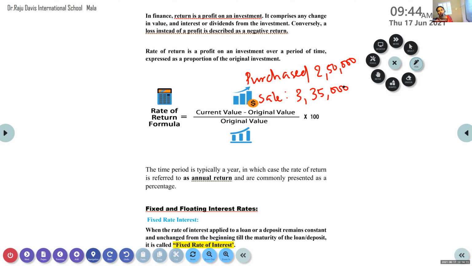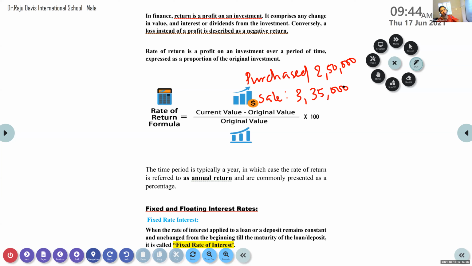Now, how will you find out the rate of return? Using this formula. What is the current value here? Current value means when you made the sale, the amount that you received. That is the current value.